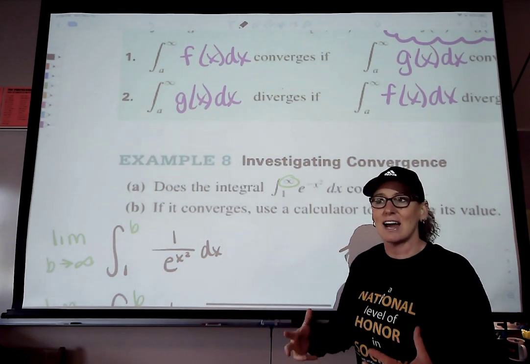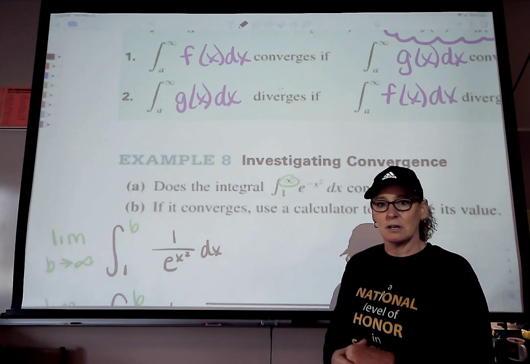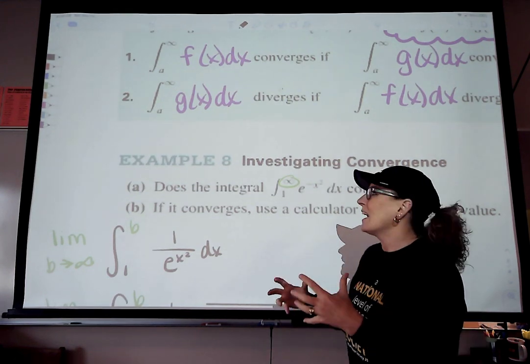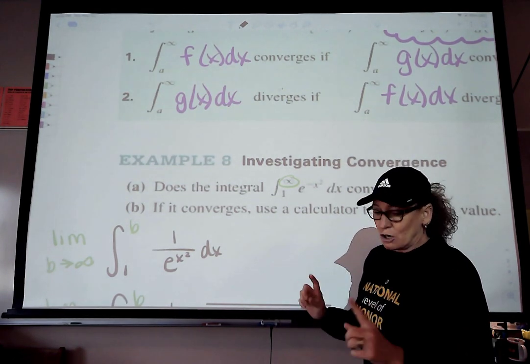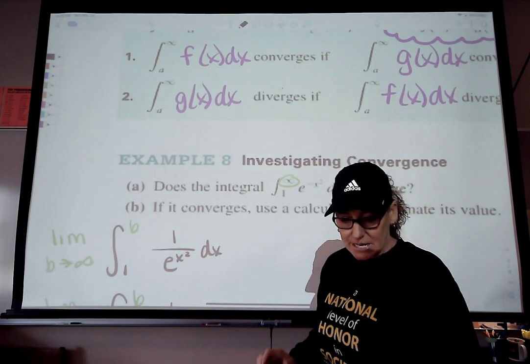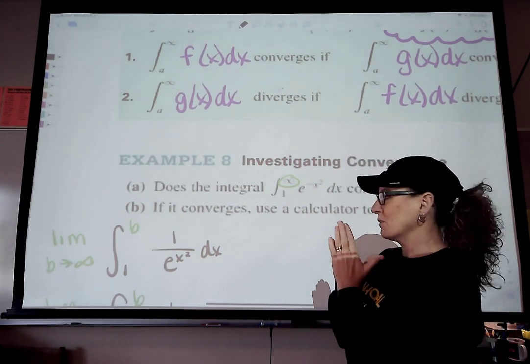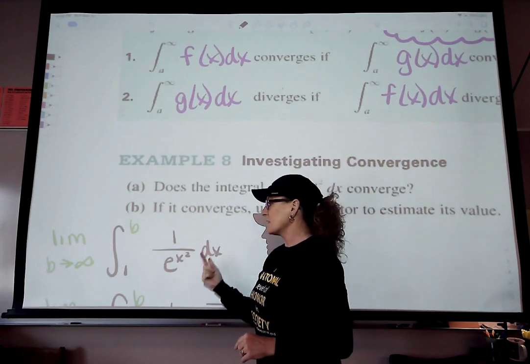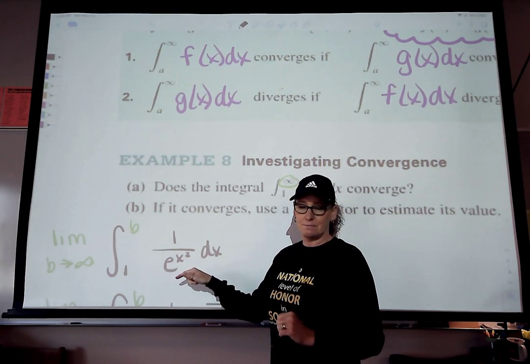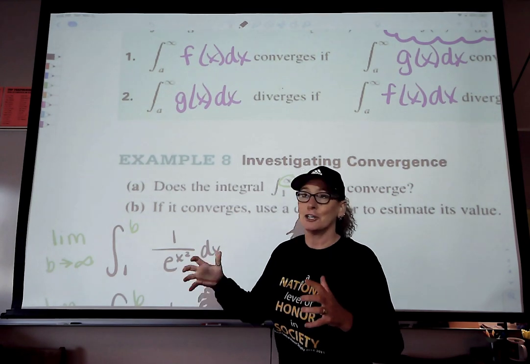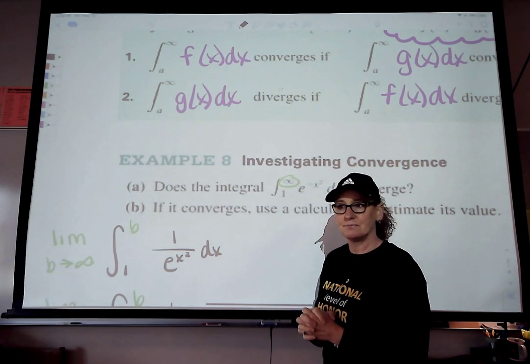How can I find out something about it? Can I just find out, first of all, does it converge or diverge? So here's what I need you to do. I need you to think really hard about a function that is very similar to this, that you can do an antiderivative on.